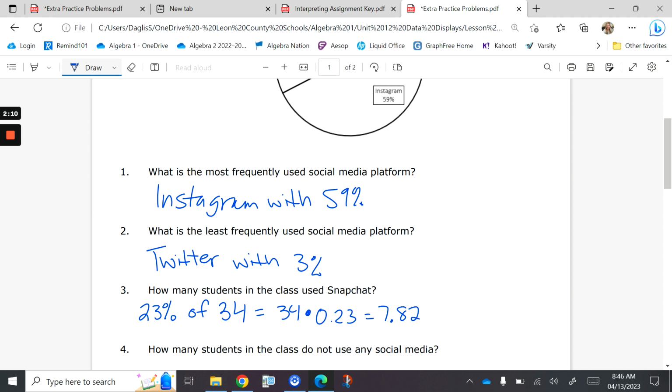When it comes to talking about objects, you either exist or you don't. When it comes to students, I typically round down because 8 students didn't answer that question. 7 students answered that question. Does that make sense? So if I round up, it's not really true anymore. So I'm going to say about 7 students are going to use Snapchat.